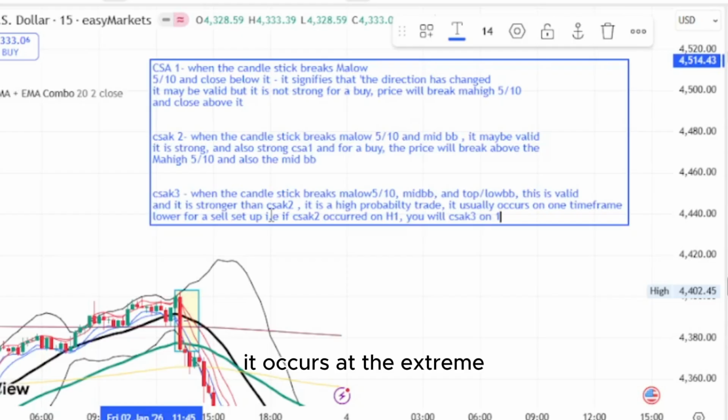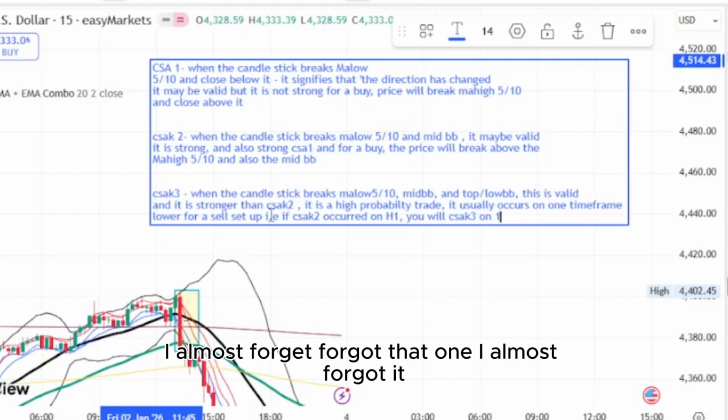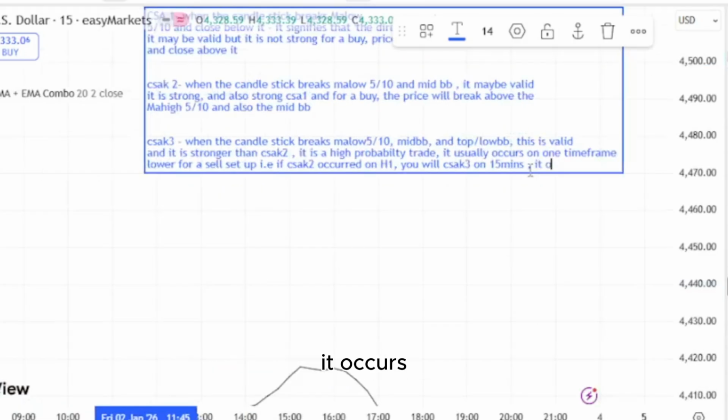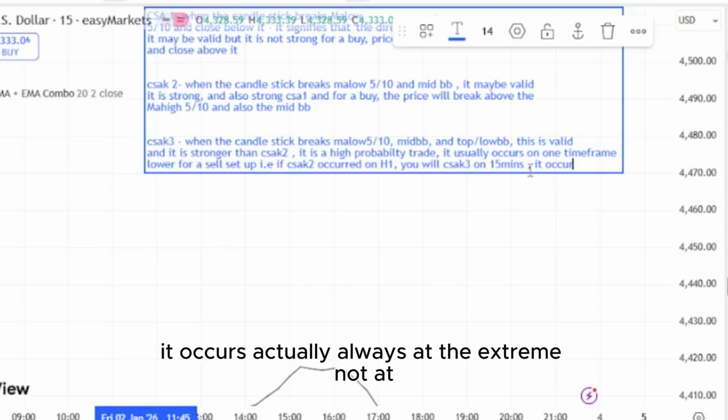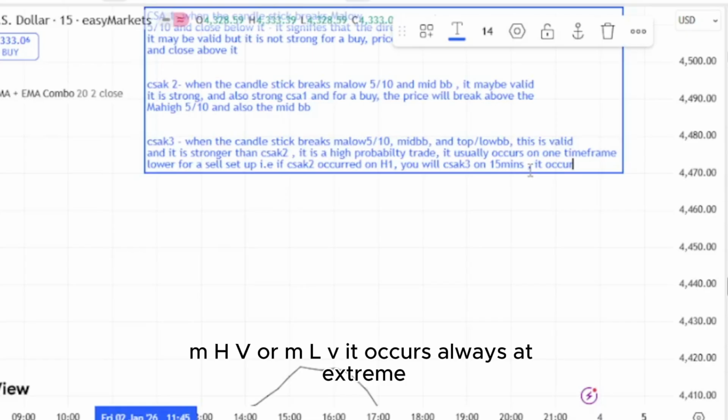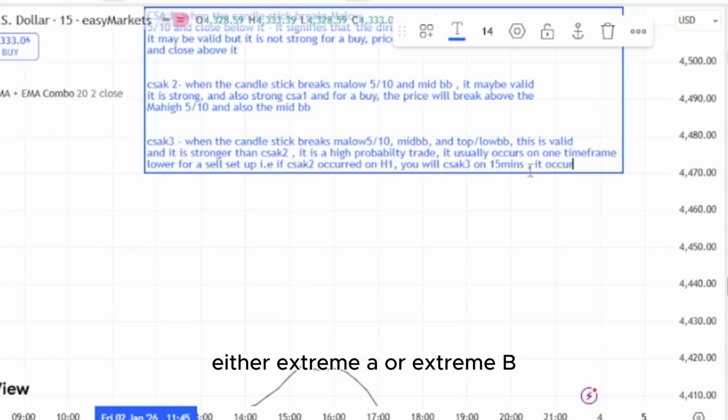I almost forgot that one. It occurs always at the extreme, not at MHV or MLV. It always occurs at extreme, either extreme A or extreme B. Any type of extreme.